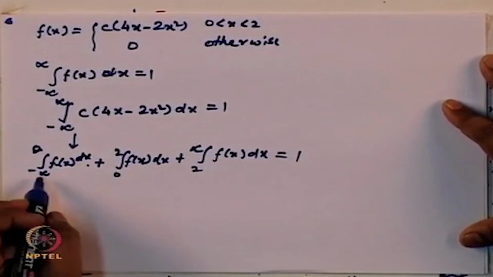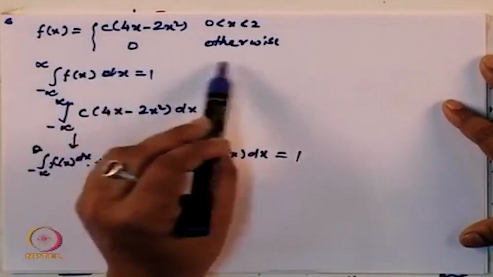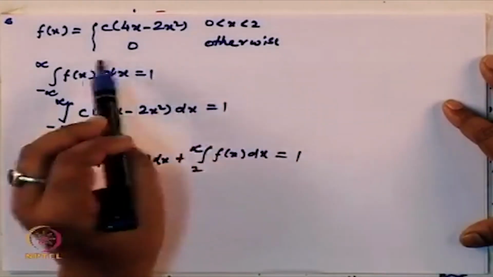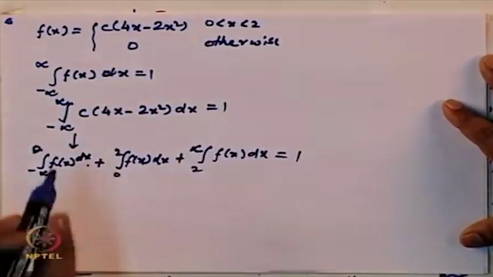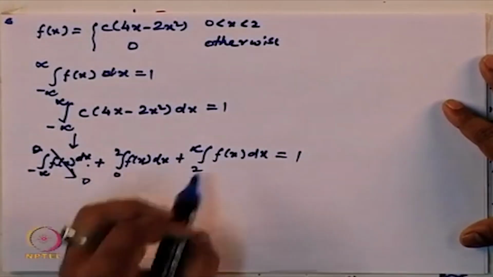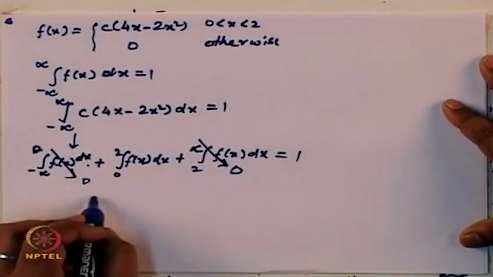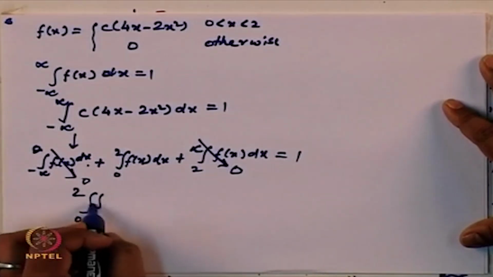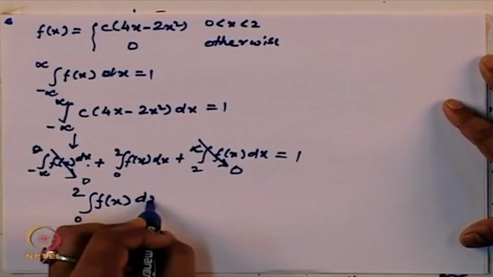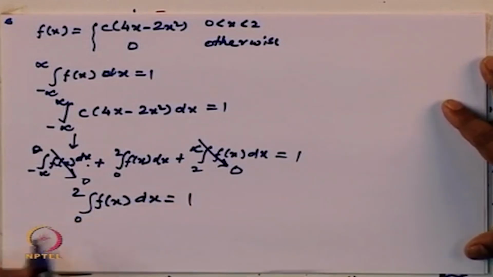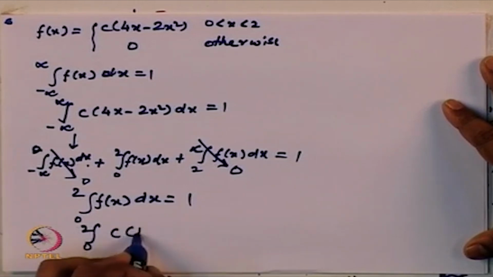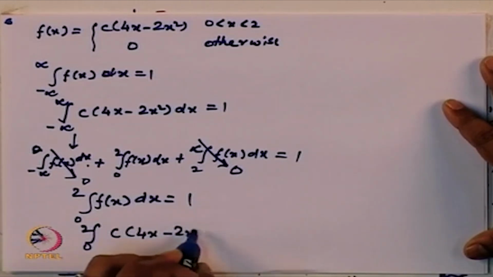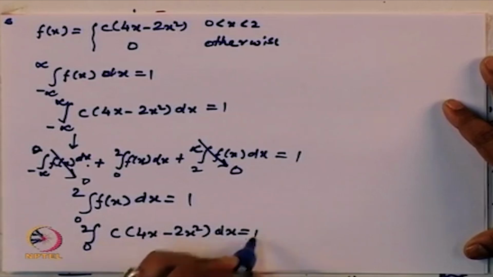Now, for minus infinity to 0, we know that f x is 0 for every place other than this interval. So, this is 0, this is 0. So, I am left with the condition that the integral from 0 to 2 of f x dx is equal to 1. I can plug in the value: the integral from 0 to 2 of c into 4x minus 2x square dx equal to 1.